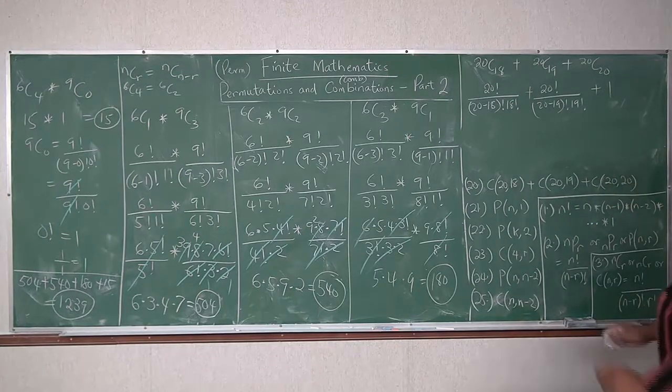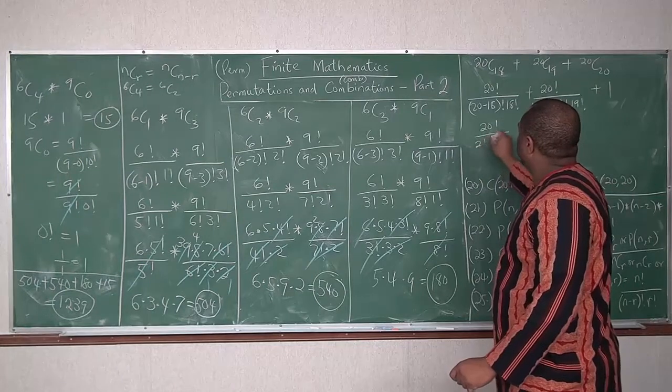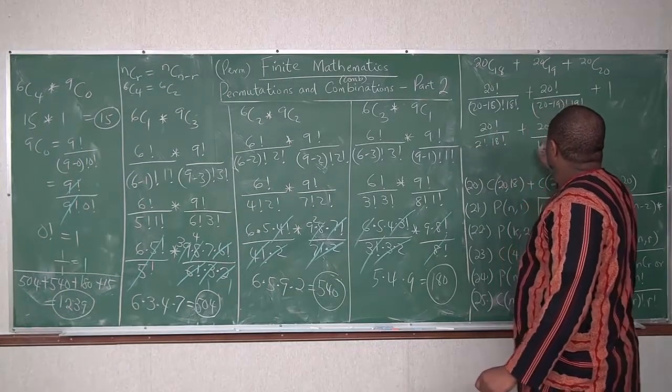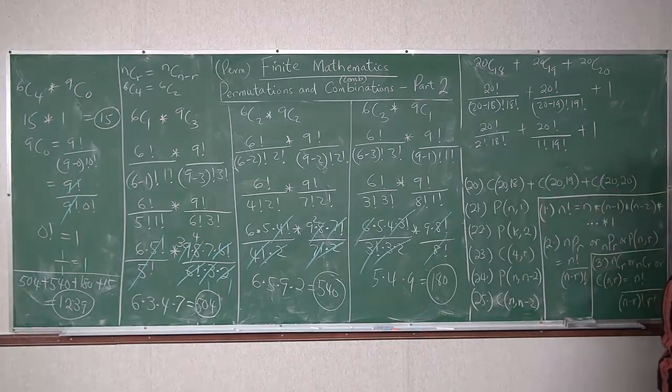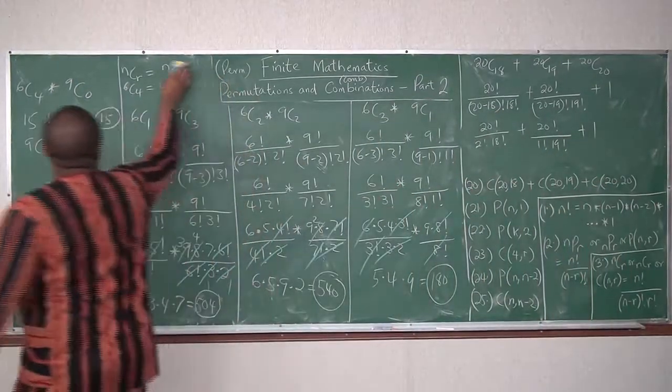So that is 20 factorial over 2 factorial, 18 factorial plus 20 factorial over 1 factorial, 19 factorial plus 1. Okay, let's finish this up.